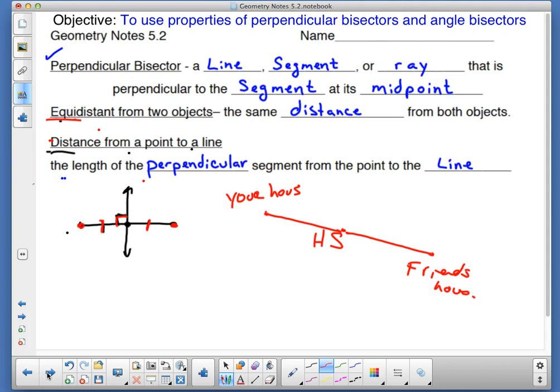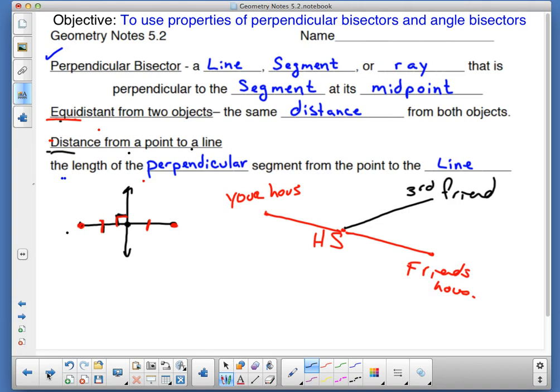Doesn't have to be on the same line. You could have a second friend, a third person here, the third wheel, being the same distance from their house to the high school, and you are all considered equidistant to one point, okay? There's no angle value that is governing those.